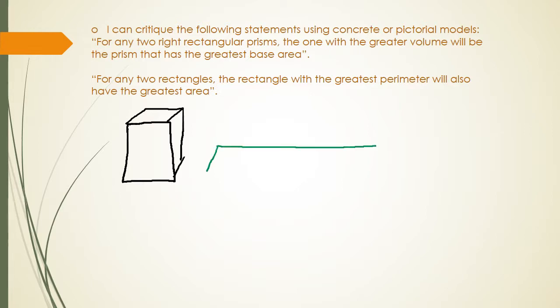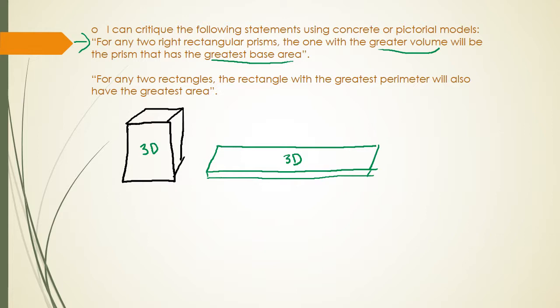It's going to be a board game box, so it's not very high. Okay, so these are both 3D, right? And this first statement is saying the one that has the greater volume is going to be the one that has the greatest base area. So let's find out if that's true.